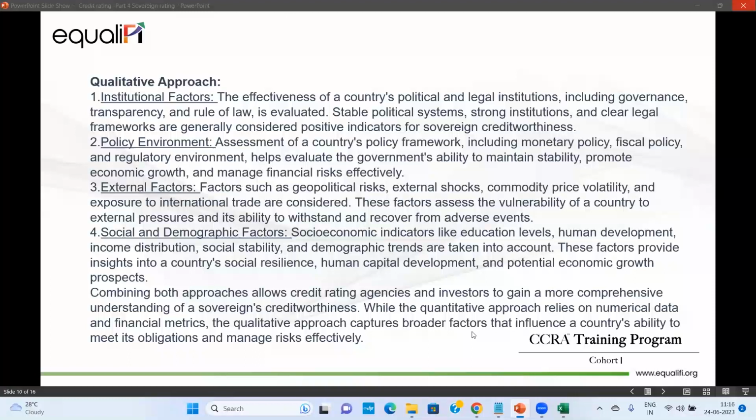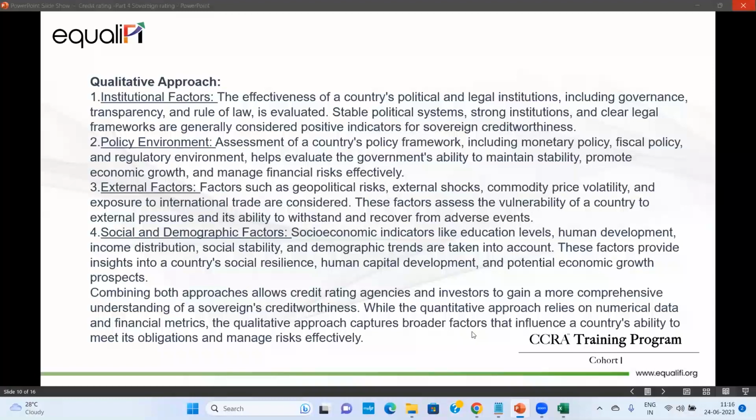This is quite similar to when we talked about the analysis of a person as an individual or analysis of a company. There are multiple factors which we consider. One is the numerical or quantitative approach, where we look at the financials of a company, the bureau score, GST, bank statement, ITR, all these things. And also we look at the qualitative factors: how long the company has been in business, how the company is perceived.